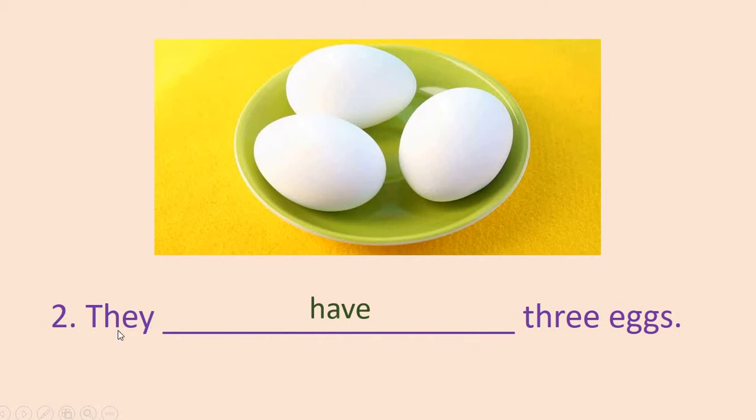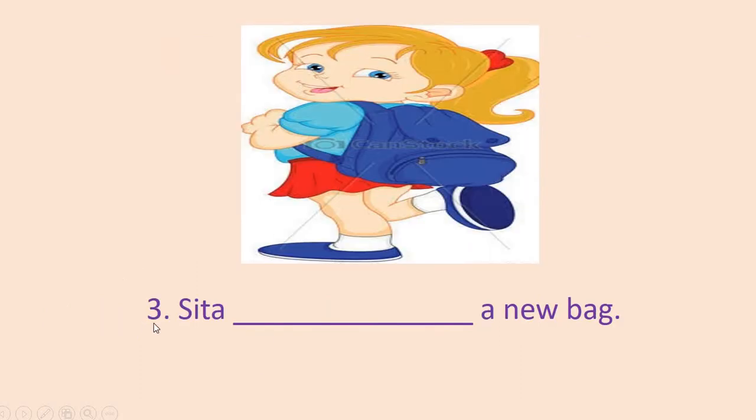Understood? Have you understood this sentence? See again, read: They have 3 eggs. Now see sentence number 3.